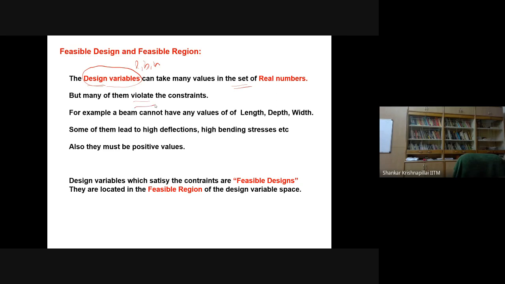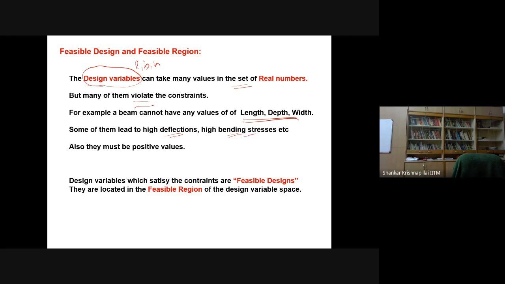For example, a beam cannot have just any values of length, depth, and width. Some of these values will lead to high deflections and high bending stresses, so those will be violating the constraints for deflection. For example, we may give a deflection constraint that deflection should be less than or equal to 2 millimeters.